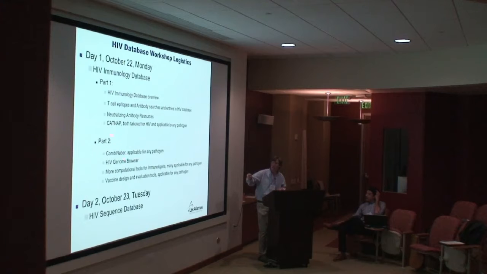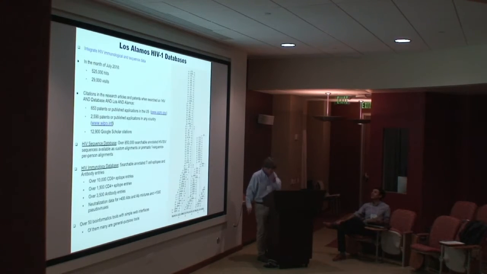So today, we hope to get through CATNAP before the break, and then after the break, we'll be talking about some of these additional tools and some cool stuff and, brag alert, a little bit of a nice story on vaccine design.